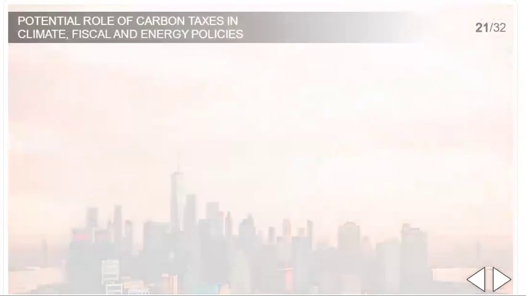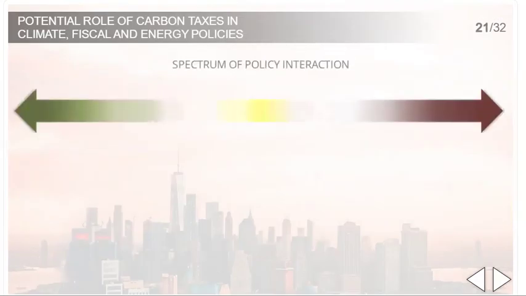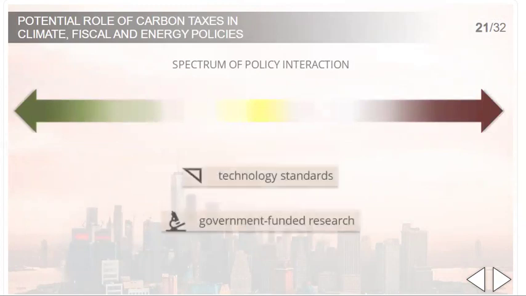No single policy can address all issues at once. Thus, carbon taxes are often part of a larger climate and energy mix. This mix may include measures such as government-funded research and technology standards related to industrial energy efficiency, fuel efficiency, or electricity generation.